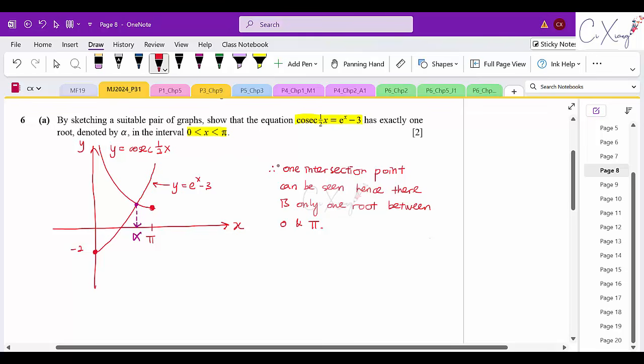Okay, so this is how we sketch a pair of graphs and show that there's only one root in the range provided, which is from 0 until pi. Alright, so let's proceed to the next part.